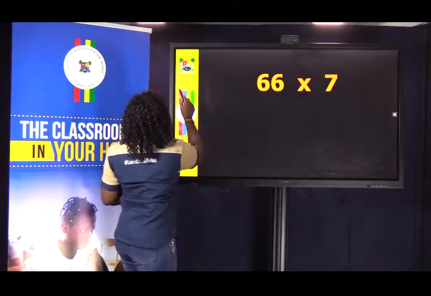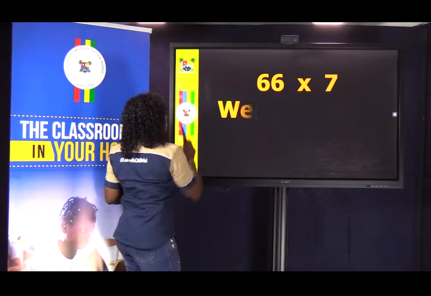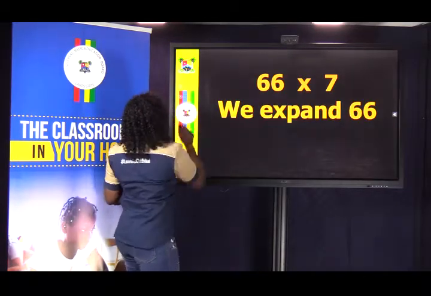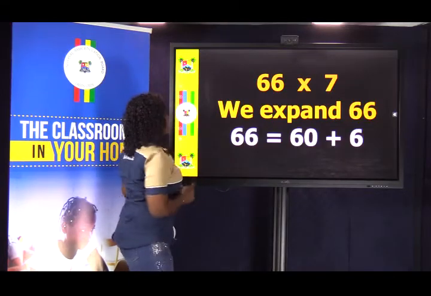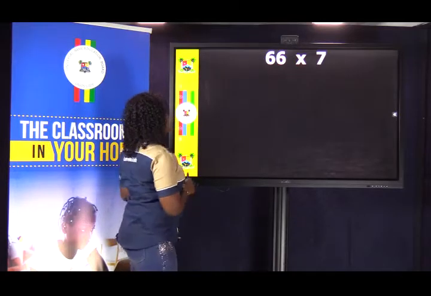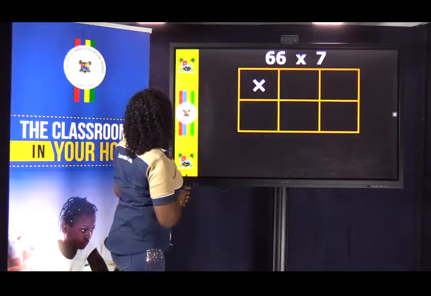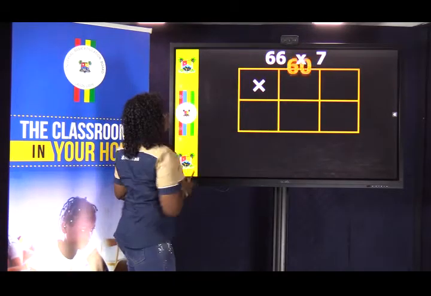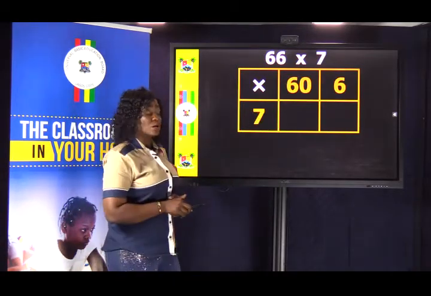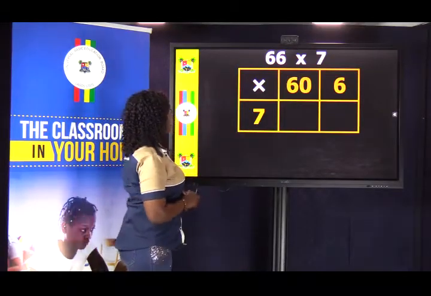First, before you multiply, you expand. You expand 66. That is 60 plus 6. Then we draw a table. You write the sign you are working with, very important. You write your 60 under the tens column and your 6 under the ones column. Then you write the number you are multiplying with, that is 7.